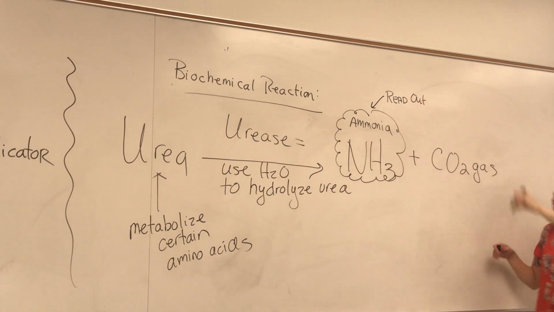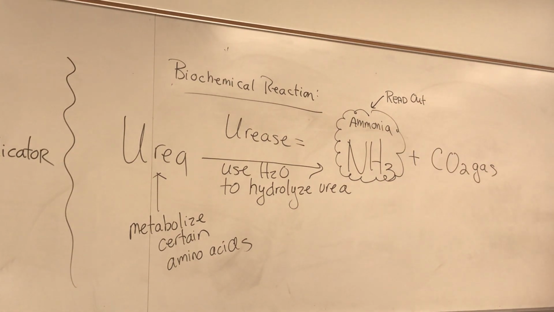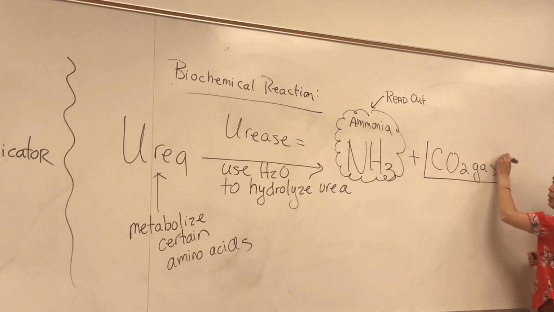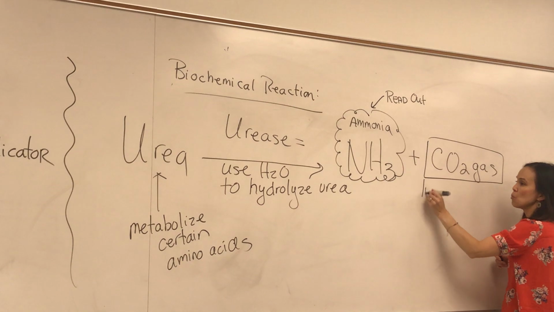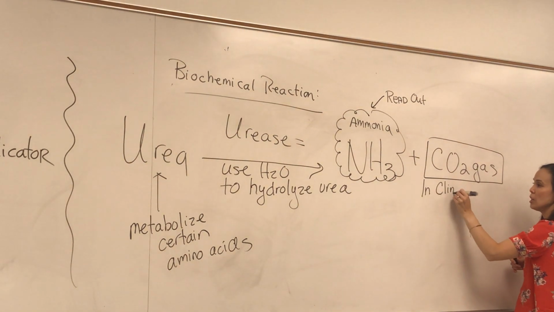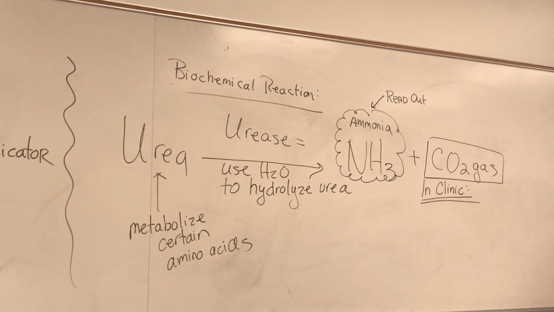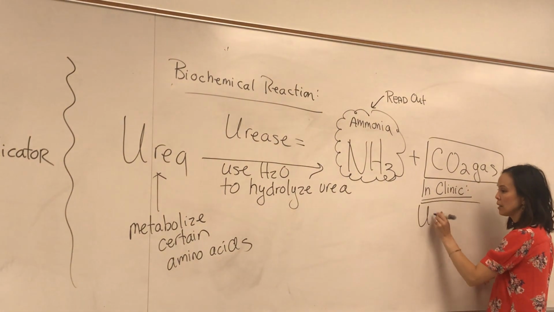One thing I'll just say for now though, because in lecture we're going to talk about ulcers and the guy who discovered Helicobacter, because that was a really big deal. There is a test they can do in the clinic, more like in a clinic situation, called the urea breath test.